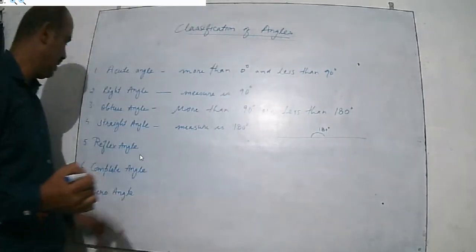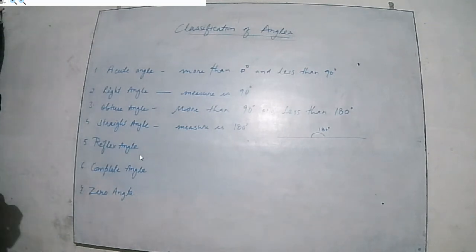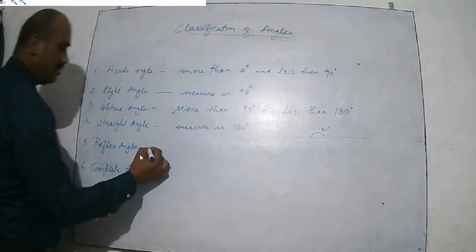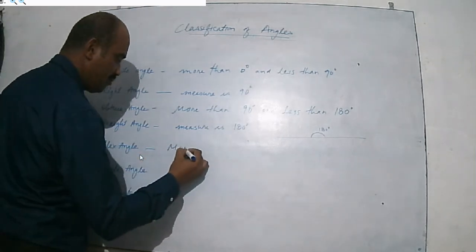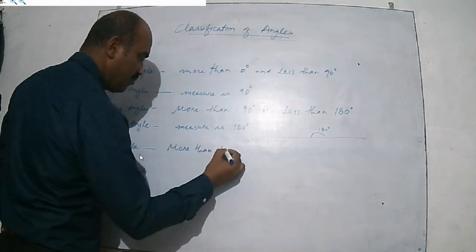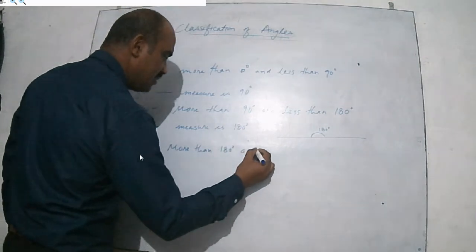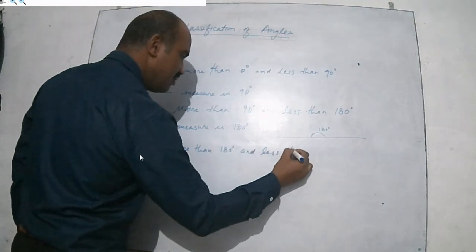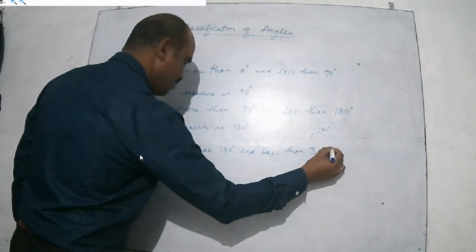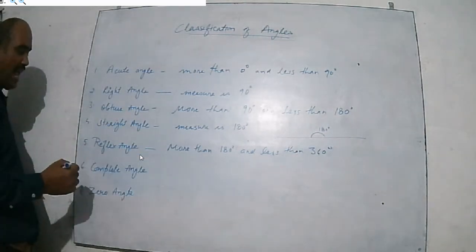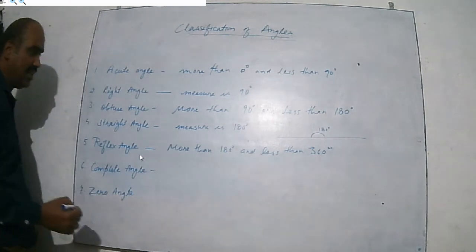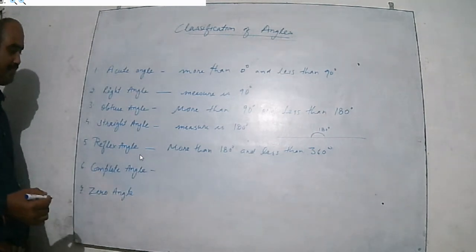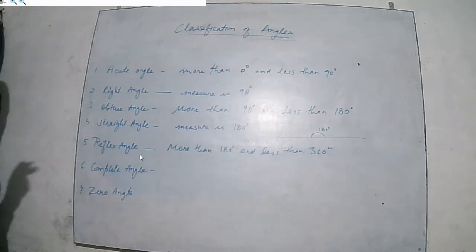Now a reflex angle is an angle whose measure is more than 180 and less than 360 degree. Okay, so it is a reflex angle. If we talk about complete angle, it means a complete 360.